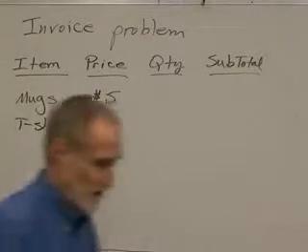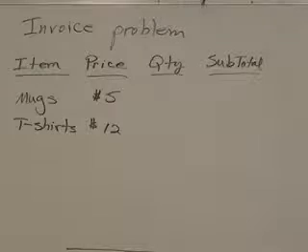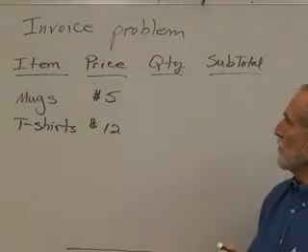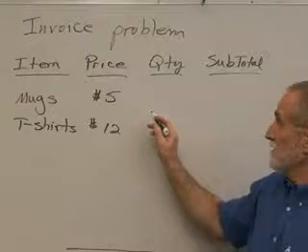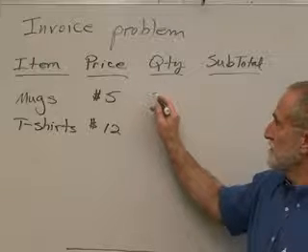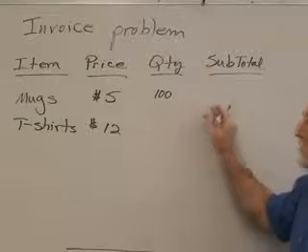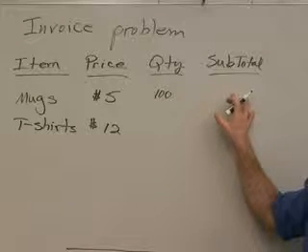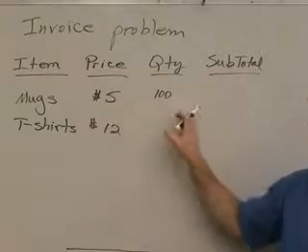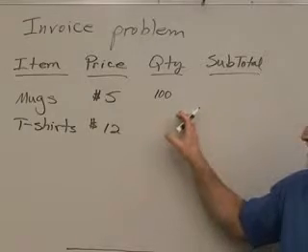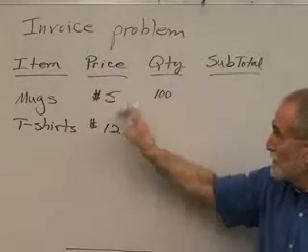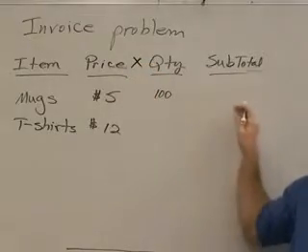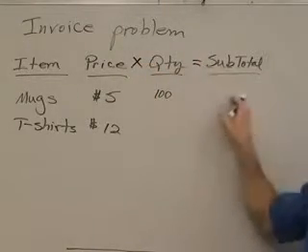Let's pretend we have that situation. Now, what if we knew that somebody bought 100 mugs? What would be the total cost of all those 100 mugs? We'd multiply that price times the quantity, wouldn't we? On an invoice, we always multiply the price times the quantity, and that gives us how much was spent on that item.